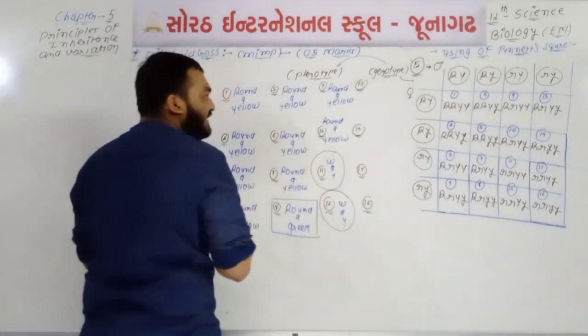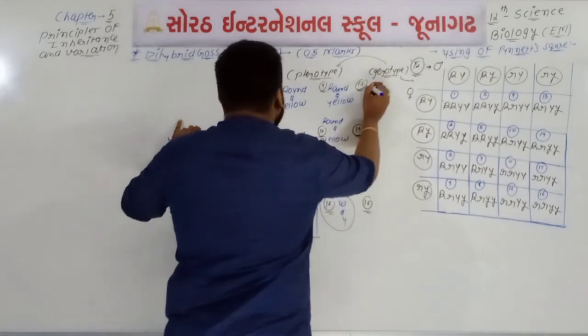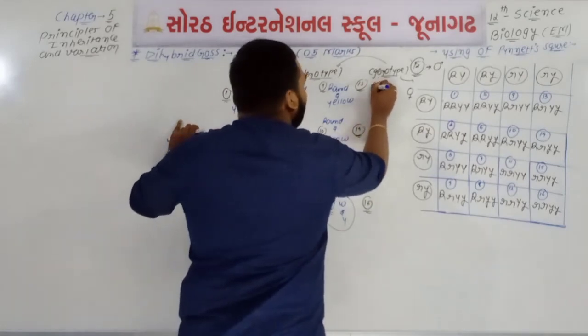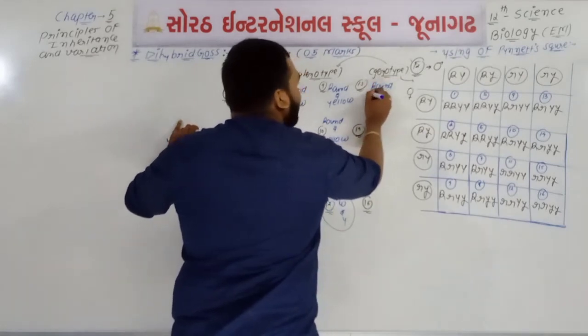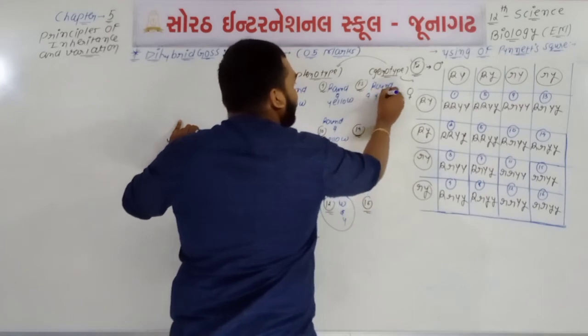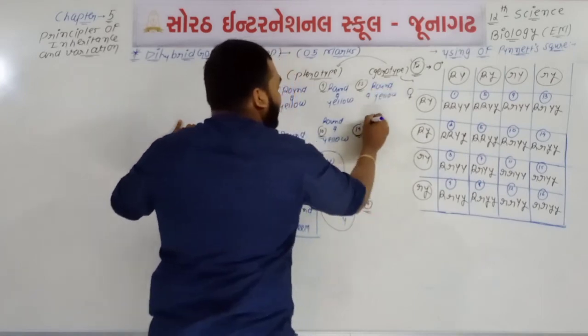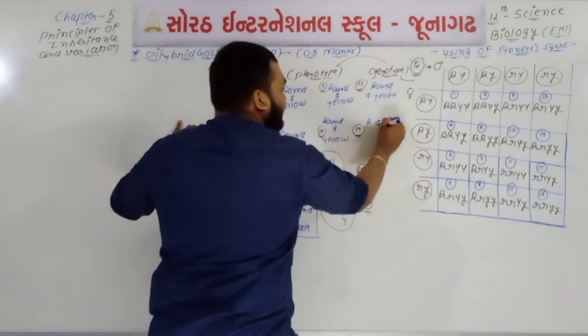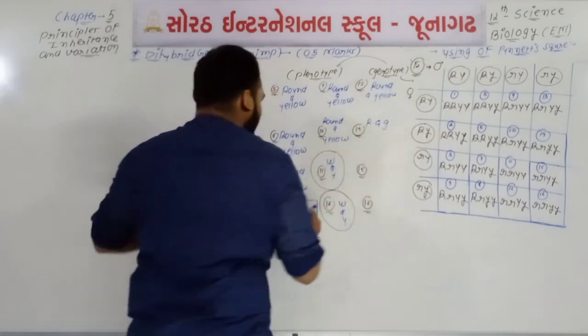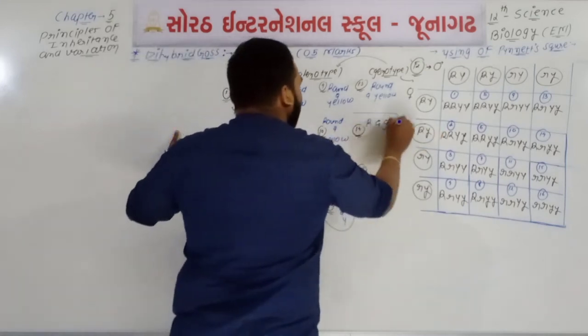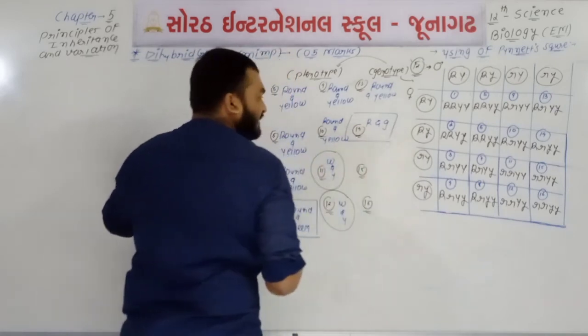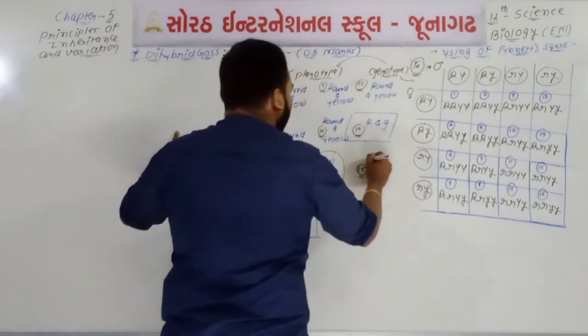What about the 13? 13 we can say that the round and yellow. Okay, 14 it's also round and small, round and green. 15 is what?